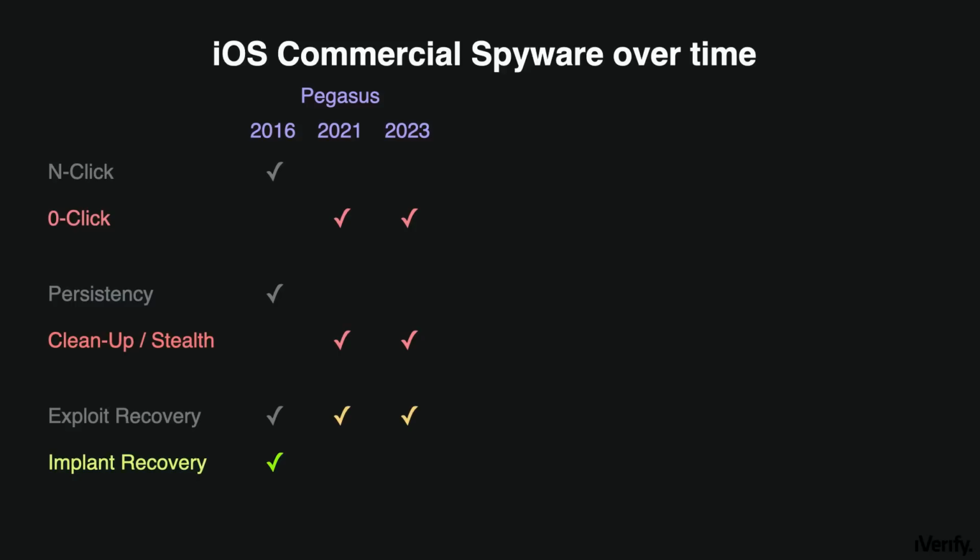They have no persistence module anymore, and there is a lot more cleanup and stealth going on. We were able to recover some of the exploits, but since 2021, there is no public sample of the actual implant, the kernel exploits, or sandbox escapes that have been used by Pegasus. So even though we can stop the initial exploitation, it could still be that the sandbox escape itself might still be unpatched.